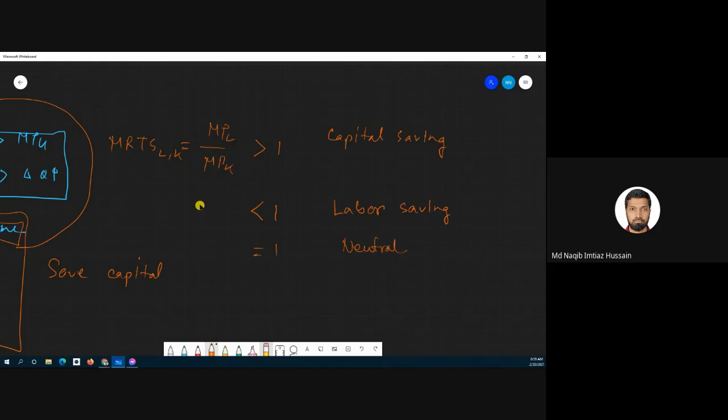It doesn't indicate you have to save something.